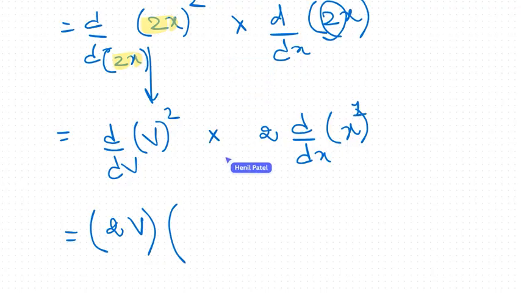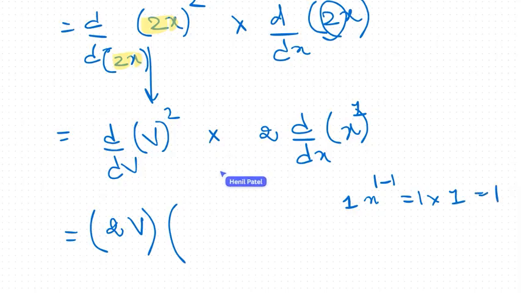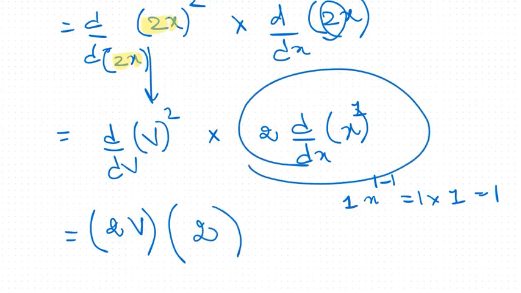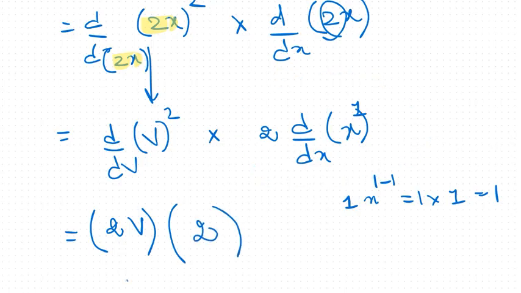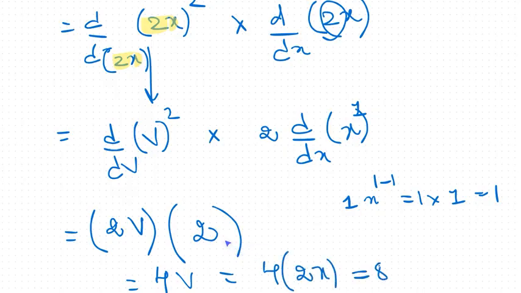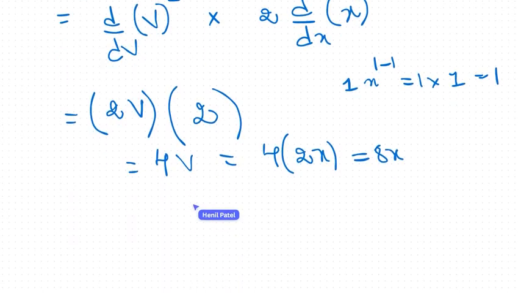It's like x power 1, 1 into x power 1 minus 1, 1 into 1. So only 2 is left on this. So 2 into 2 means 4 into v. V was how much? 2x. So 8x, like this. This is the answer.